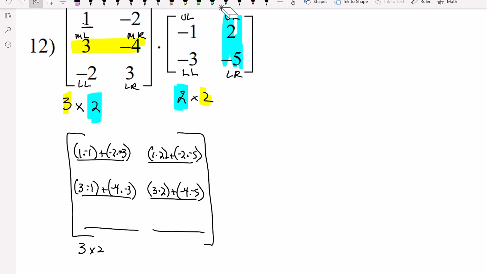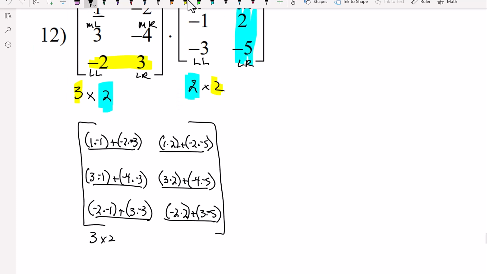Okay, then finally we can do the third row. We'll do the first column. So it's negative 2 times negative 1 plus 3 times negative 3. And then we've got the second column. Negative 2 times 2 plus 3 times negative 5.